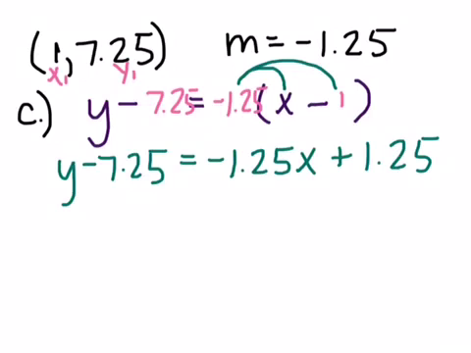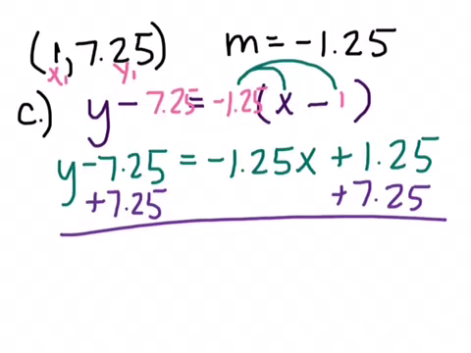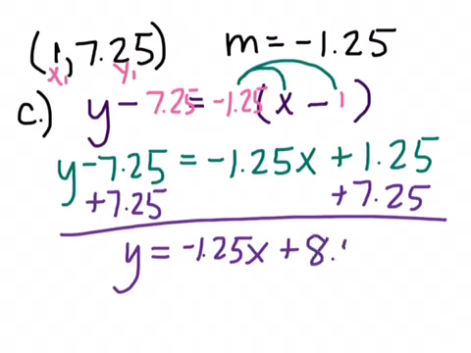And then our last step, solving for y, is to add over the 7.25 to both sides. On the left side, we have y, and on the right, negative 1.25x plus 1.25 plus 7.25, which is 8.5.